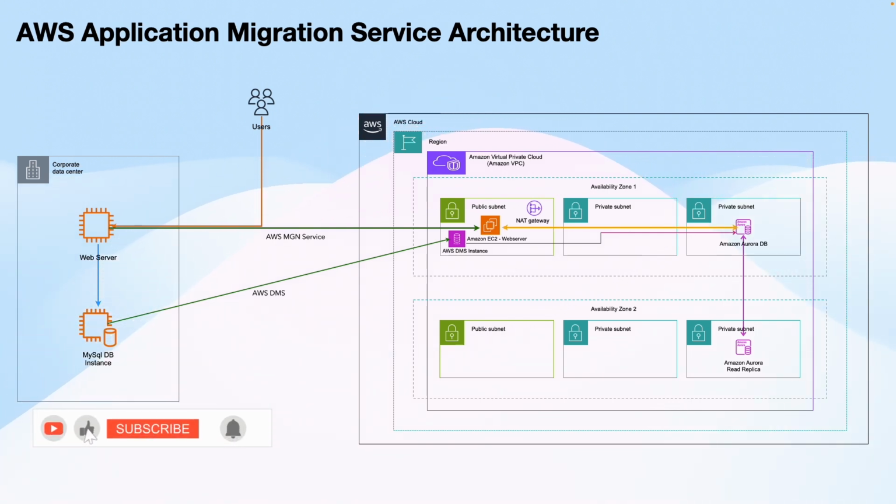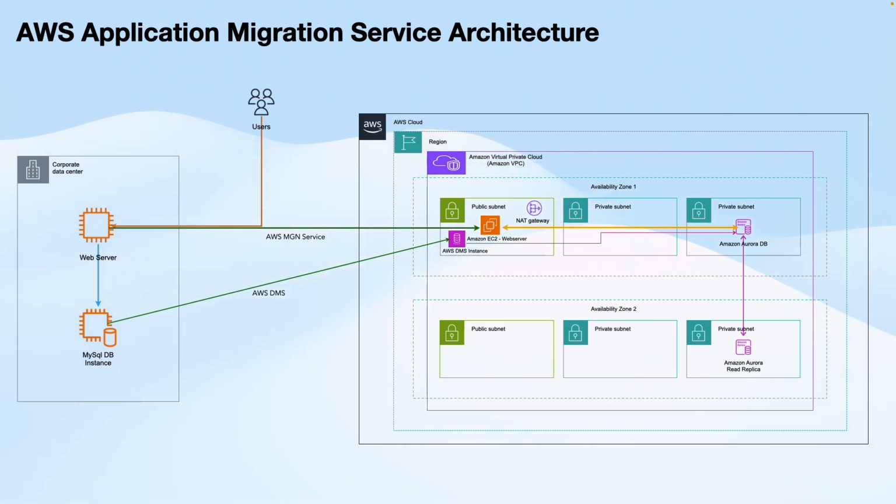Once we have migrated the WordPress application and the database to US East 1 region, we will configure the web server in US East 1 region to use the Aurora database. So this is the architecture that we are going to implement in this demo.